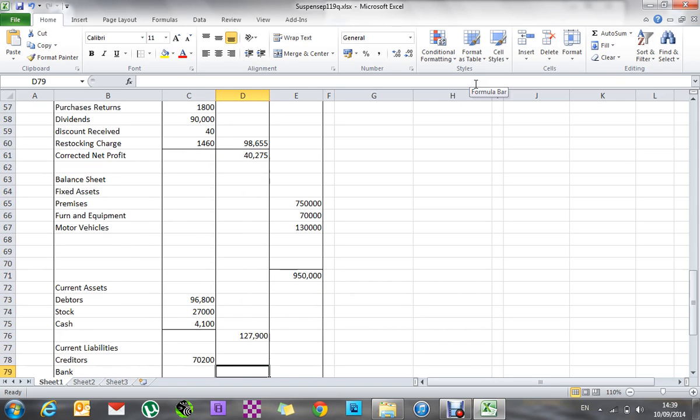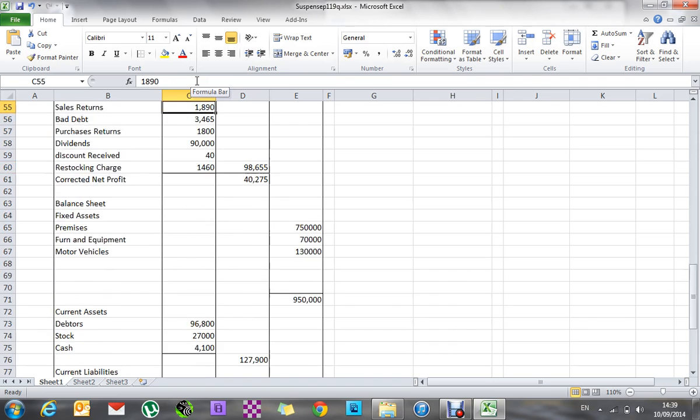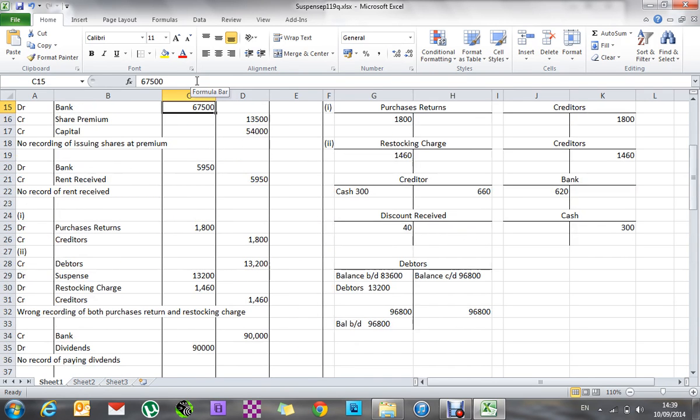Okay, so down to our creditors. It's minus 1980, plus 1800, plus 1460. I think I might be missing one now.